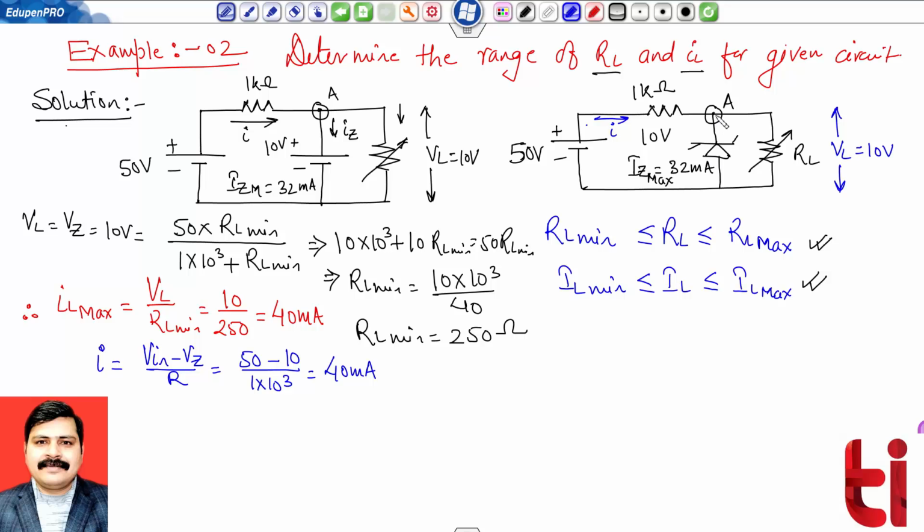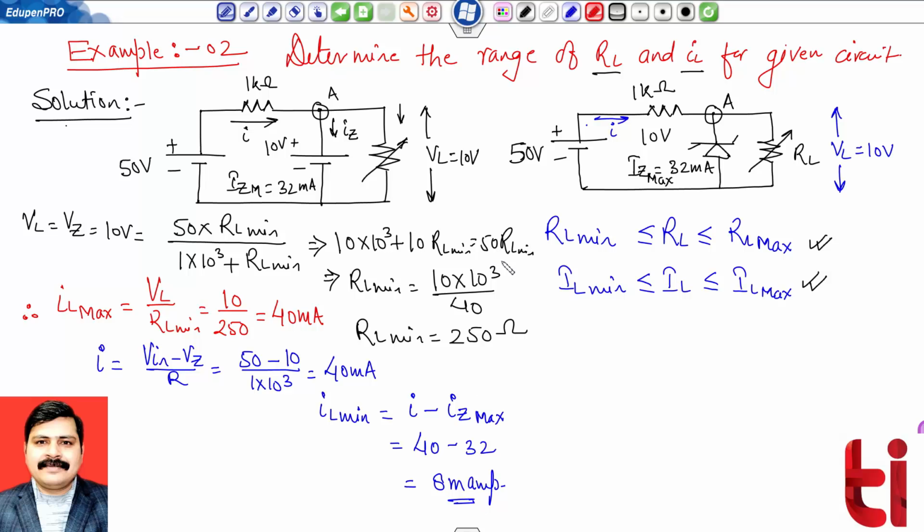And applying KCL at node A, I will have IL min equals I minus IZ max. This quantity is 40 minus 32, that means 8 milliampere. So IL min is 8 milliampere.